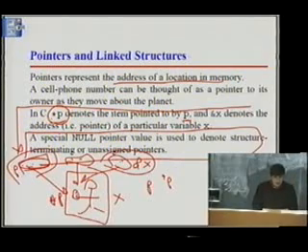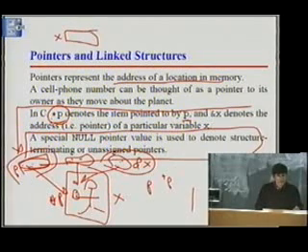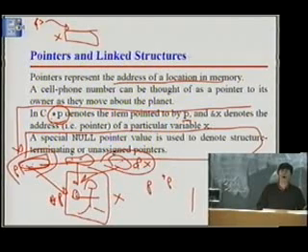So a way to think about it is, suppose I have an item here. Let's say this item here is X. When we say and X, what is and X? It's a pointer to this thing, right? It tells me the address of this thing, right?